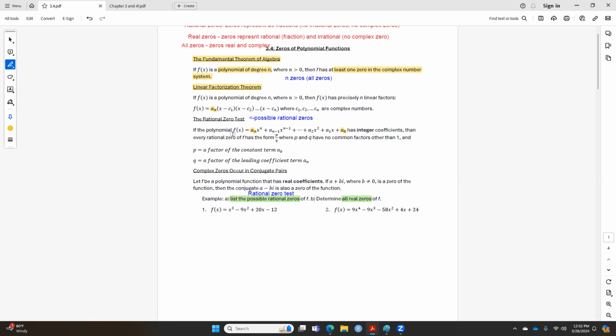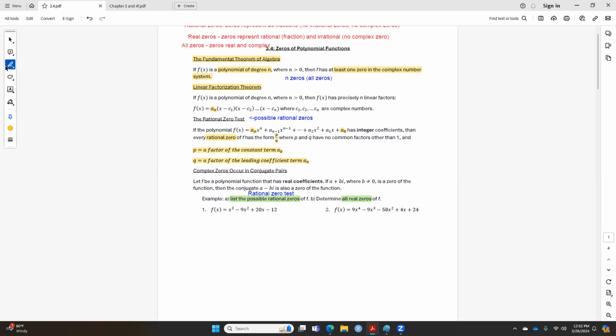Using this rational zero test, you can get the possible rational zeros given as p over q. And what is p? p is the factor of the constant term a_0, and q is the factor of the leading coefficient a_n. So don't forget, factor means what times what gives that number.